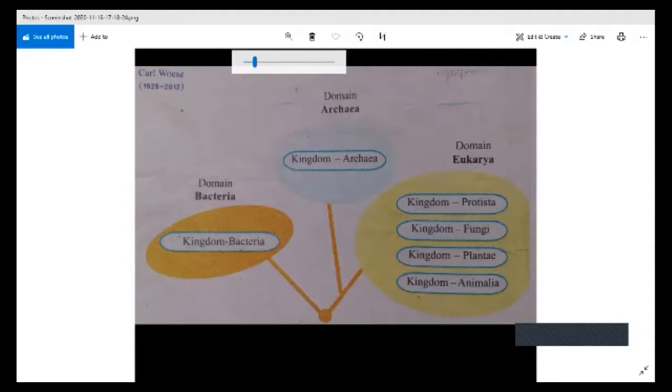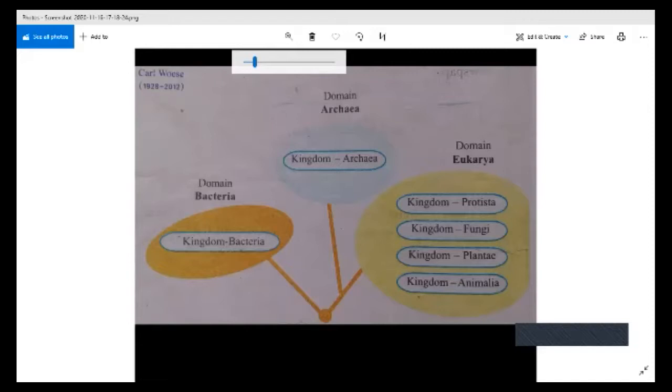These four kingdoms are grouped under the domain eukarya, and under the domain archaea comes the kingdom archaea. Then under the domain bacteria comes the kingdom bacteria. So the sixth level of classification is domain, and it was proposed by the scientist Carl Woese.